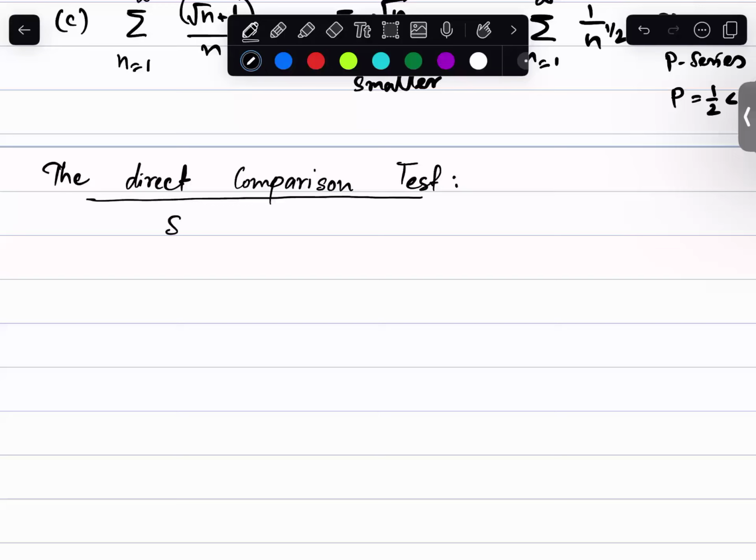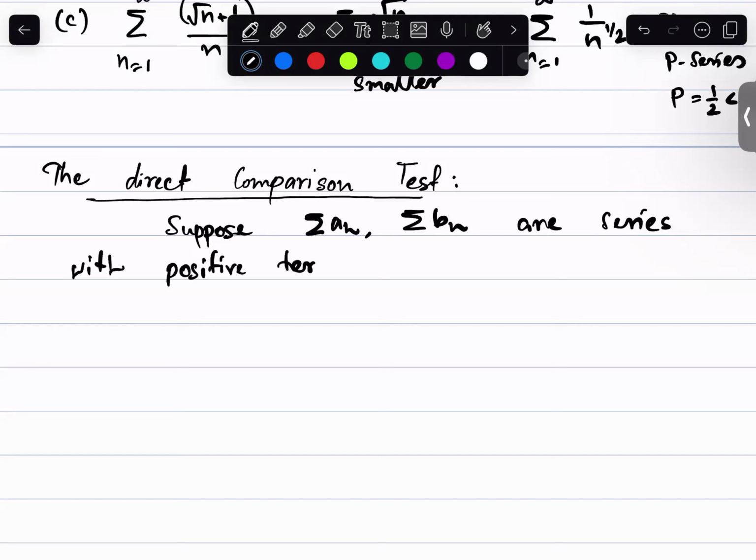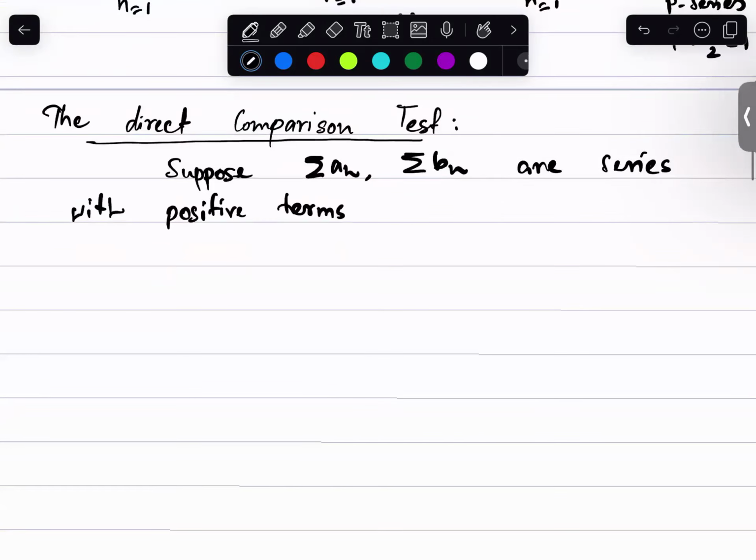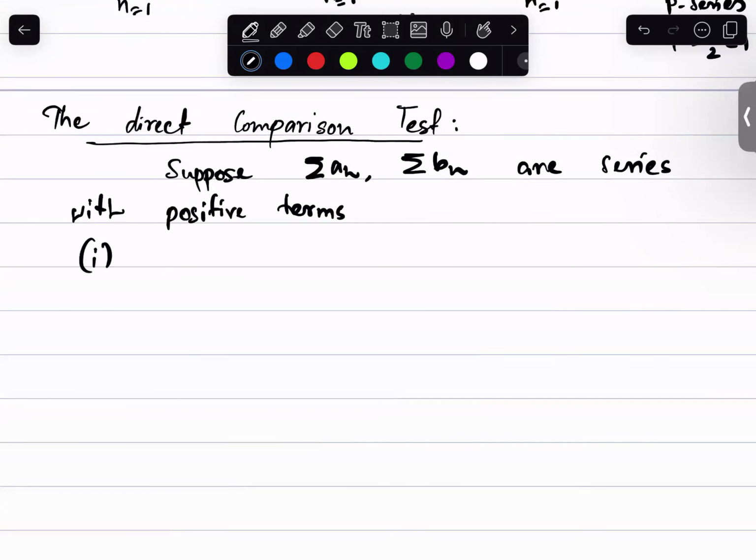It says that suppose summation a_n and summation b_n, I'm not writing n equal to 1 to infinity every time, are series with positive terms. Then the following two results hold.